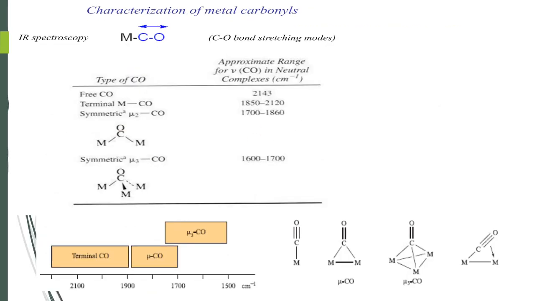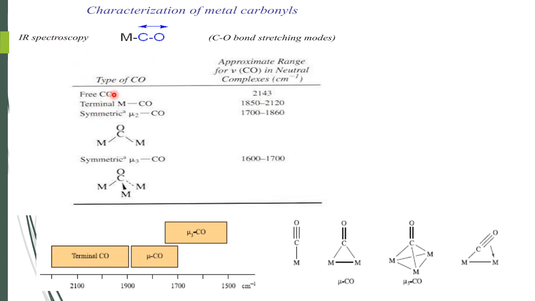When we come to the characterization of metal carbonyls, this is the bonding present with the metal centers. If you take CO alone, it exhibits a stretching frequency of 2143 in IR spectroscopy.